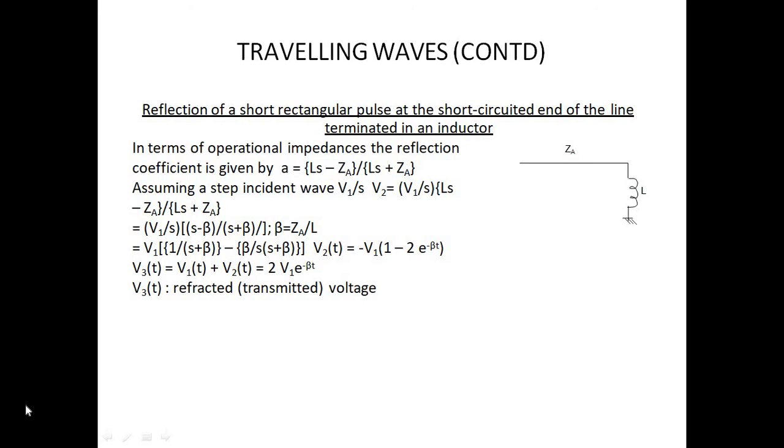V2 is equal to minus V1 (1 minus 2 e power minus beta t). The value of V3 is equal to V1 plus V2, which is equal to 2 V1 e power minus beta t. V3 is the refracted transmitted voltage.